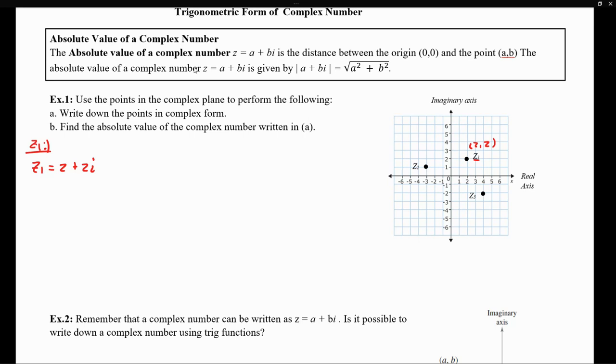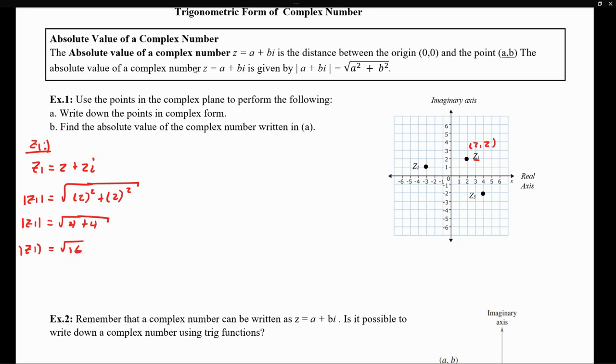Yeah, the absolute value of z1 is just going to be the square root of the real squared plus the imaginary squared, which in this case is 2 squared, that's 4, plus 4.